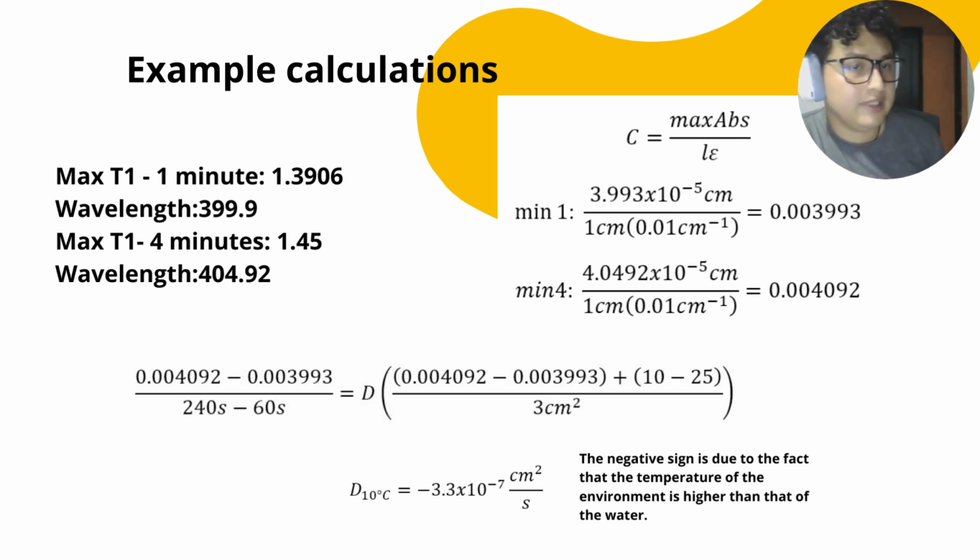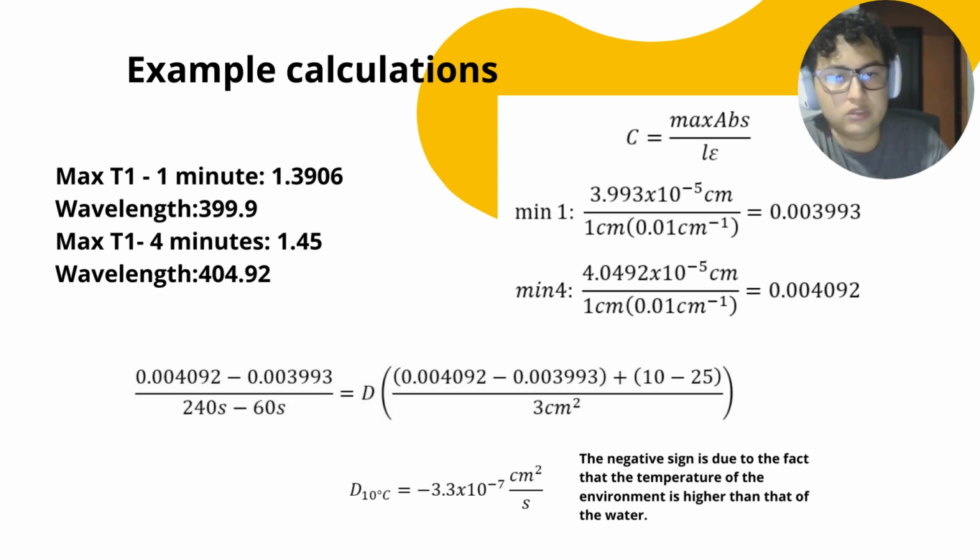So it is completely necessary to adjust the dimensions from nanometers to centimeters and replace the values of length, which was 1 centimeter, and the epsilon that was extracted from literature. So we have the level of concentration at minute number one and at minute number four.